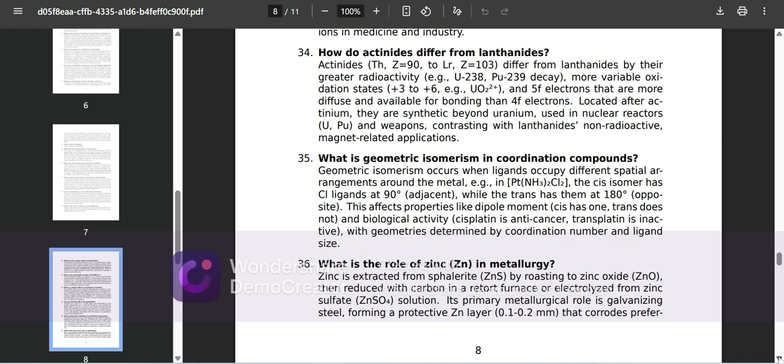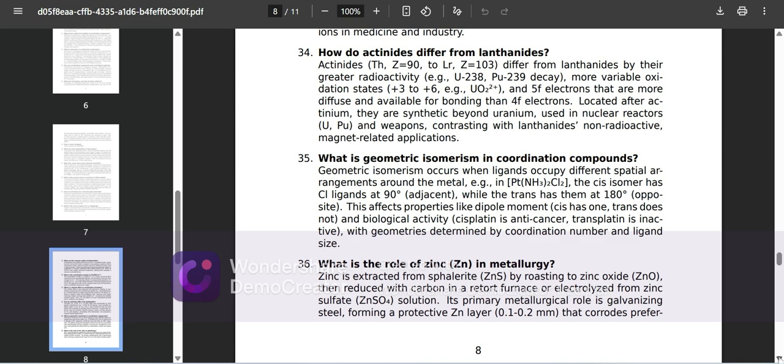How do actinides differ from lanthanides? Actinides, thorium Z=90 to lawrencium Z=103, differ from lanthanides by their greater radioactivity, such as uranium-238 and plutonium-239 decay, and more variable oxidation states, +3 to +6.